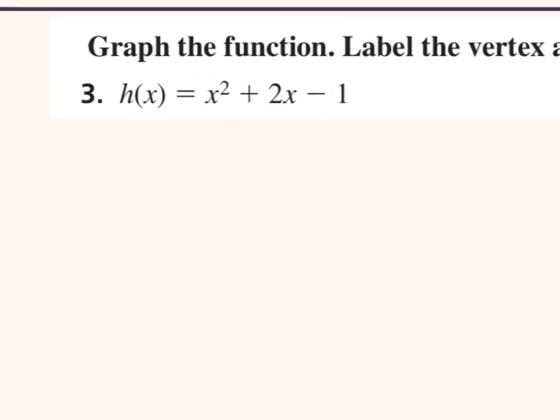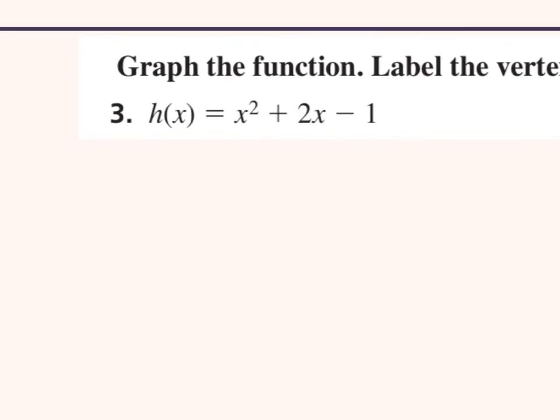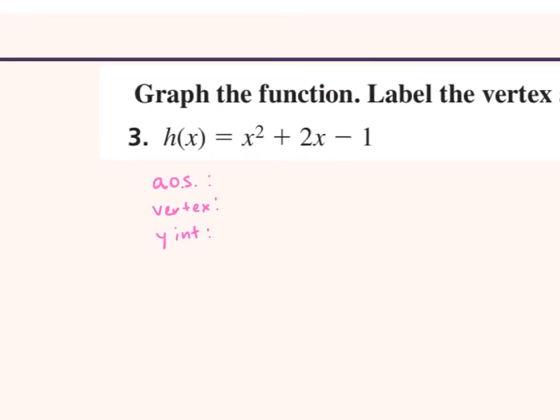So looking at number 3, we need to find our axis of symmetry, our vertex, and our y-intercept. What formula do we need to find our axis of symmetry when we have a standard form equation?